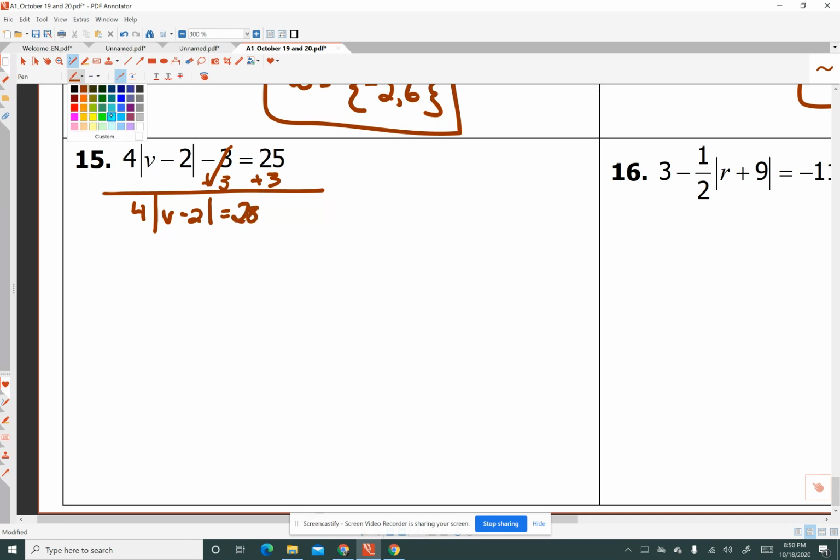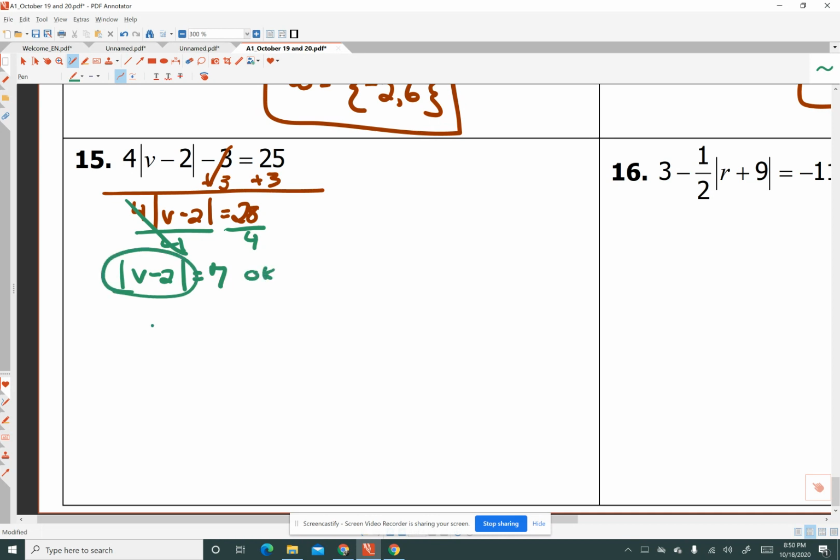Let's change our color and divide both sides by 4. So now we have absolute value isolated. 28 divided by 4 is 7. It's not negative, so we're okay to continue.